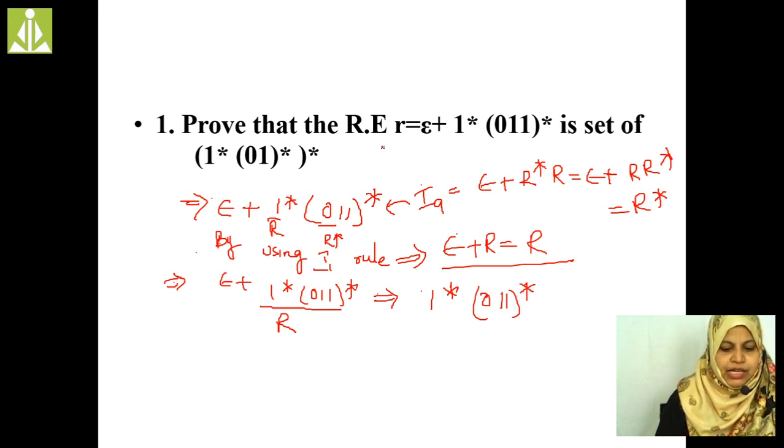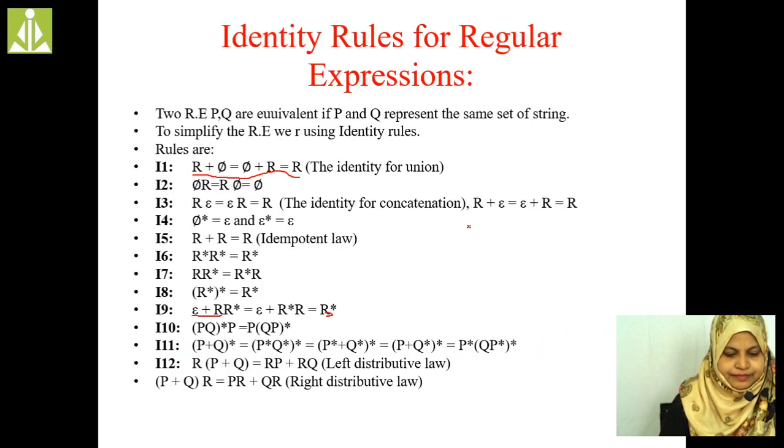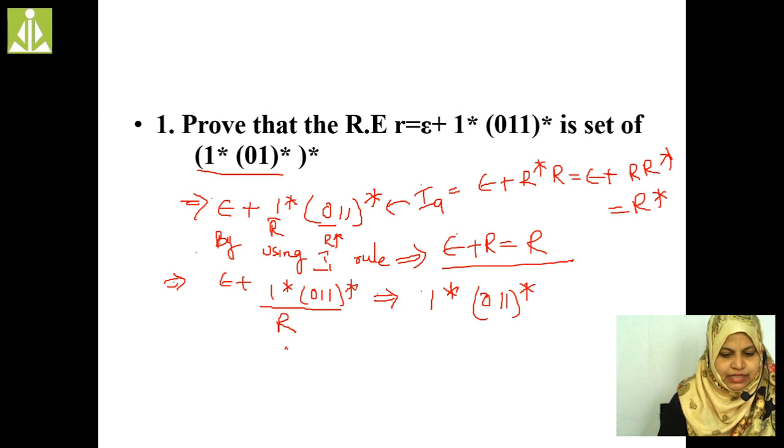Now I have to simplify in this format. Which rule do I have to follow? Check this one here: P star Q star. Is there any P star Q star? Yes.